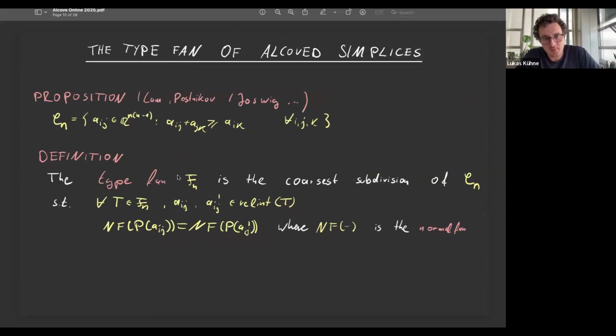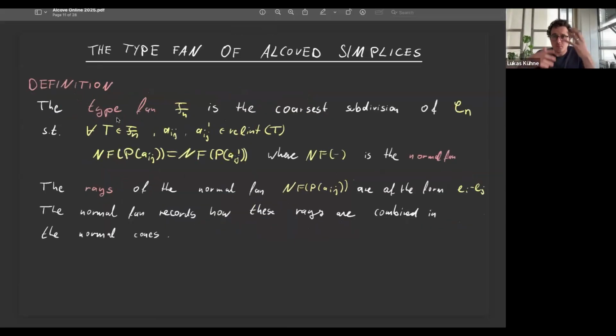The type fan, which I call F_n, is the subdivision of my cone C_n such that for all T a cone in that fan, if I pick parameters a_ij and a_ij' in the interior of this cone T, then the normal fans of the associated alcoved polytopes agree. So NF is the normal fan of this polytope, and I subdivide my cone by the different shapes of the normal fan of these alcoved polytopes.